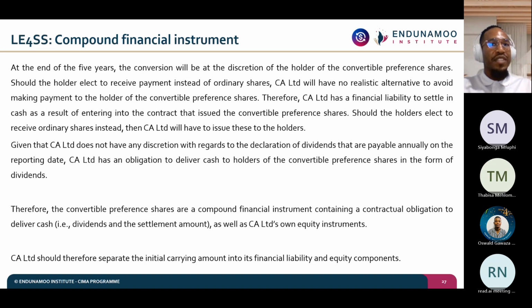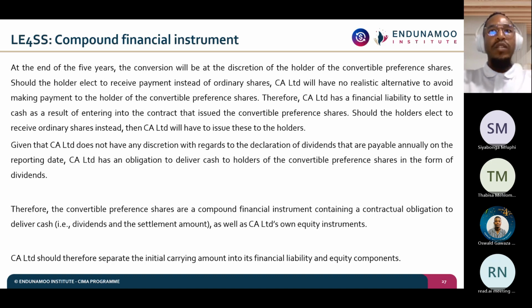So therefore, the convertible preference shares are a compound financial instrument that contains a contractual obligation to deliver cash, the contractual obligation being the dividends that CA Limited has no discretion over the declaration of, as well as the settlement amount. And the financial instrument also contains CA Limited's own equity instruments that will be issued in the instance that the holder elects to receive 100,000 shares. Therefore, CA Limited should separate the initial carrying amount into its financial liability and its equity components.